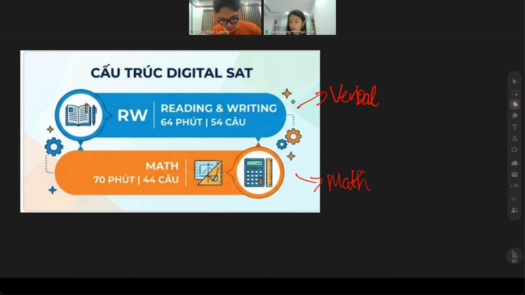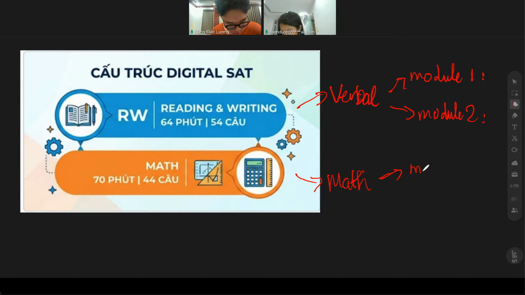Alright, and each part will have two modules. Module 1 and Module 2. Of course, Module 1 will be much easier than Module 2, and math is also the same.